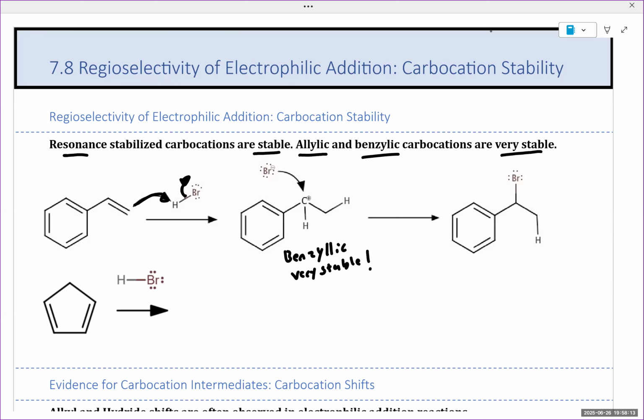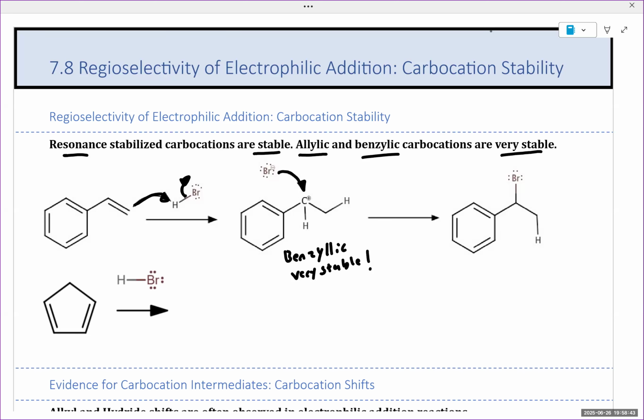As a result, this carbocation is very quick to form, this reaction is very fast, and the carbocation can then be attacked by our nucleophile, which is the bromide ion, to generate the electrophilic addition product. If you can form a carbocation that's allylic or benzylic, that carbocation is going to be very stable and very easy to form. By the same token, if we have this diene, let's try to draw some products.